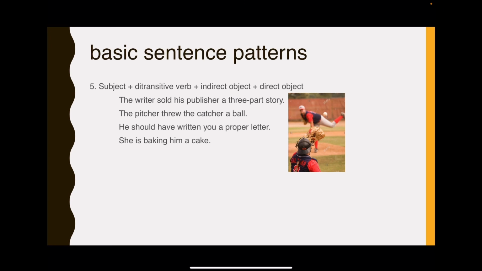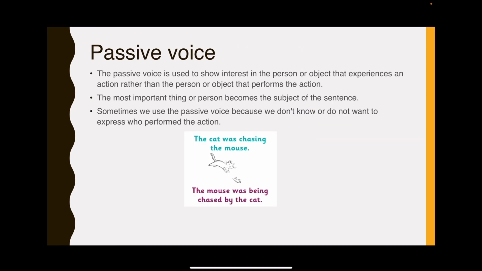But don't forget that we also have another type of structure that is called the passive structure, and that will look like this, the passive voice. How can we use the passive voice, everyone? We use the passive voice to show interest in the person or object that experiences the action, not the one who does the action. The most important thing or person becomes the subject of the sentence.